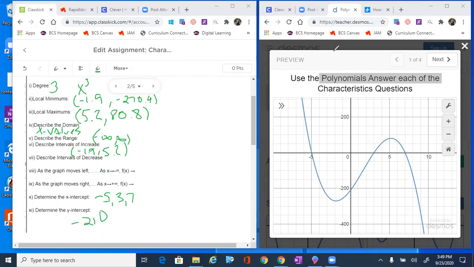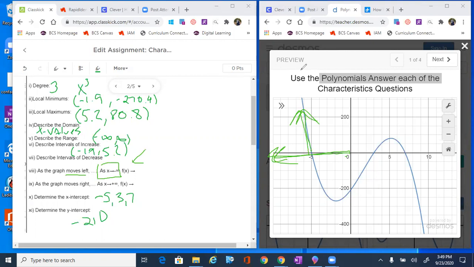And the end behavior is just simple in the sense that it says, okay, as x goes to negative infinity, which is moving left, as we go left, what happens to the graph? The graph is going up. So as we go left, graph goes up. That's what this whole entire statement says, okay?